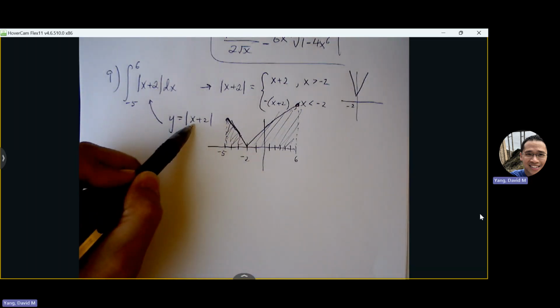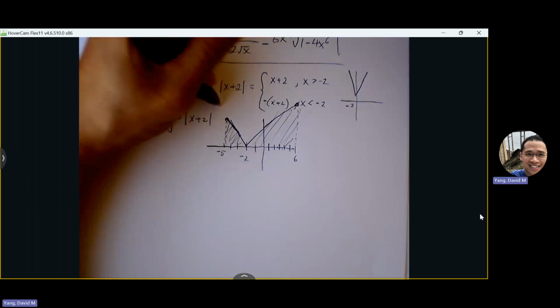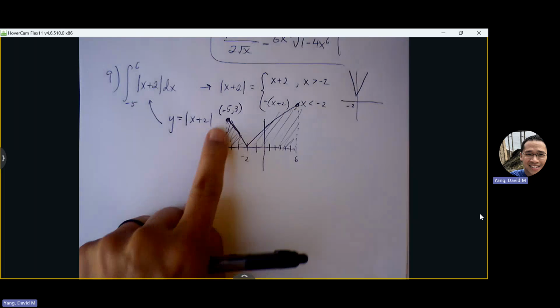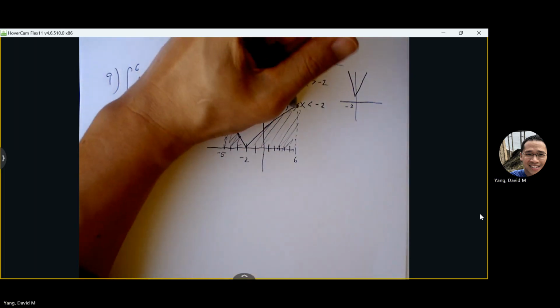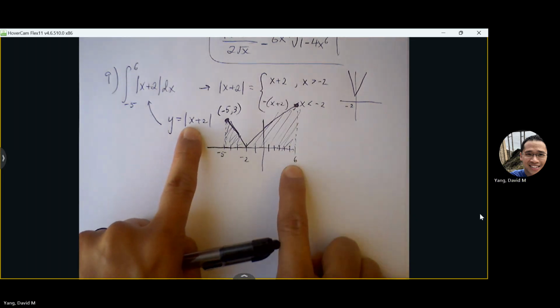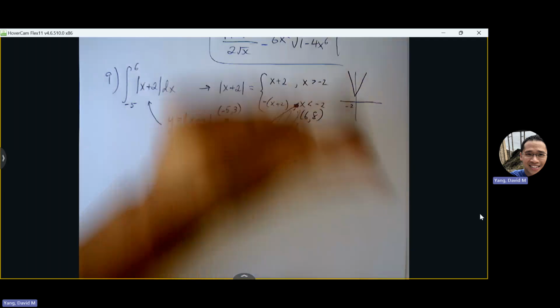Negative 5 plus 2 is negative 3. What's the absolute value of negative 3? Positive 3, right? So the ordered pair here is negative 5, comma 3. Okay, how about here? How can I find the y value here? 6 plus 2, which is 8. My ordered pair is 6, comma 8.